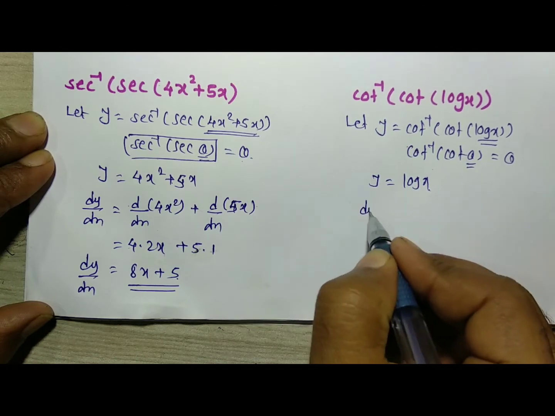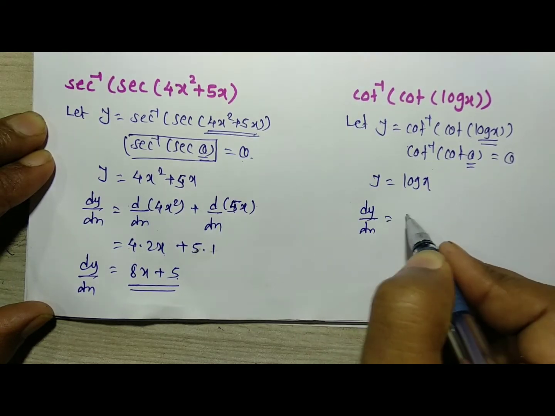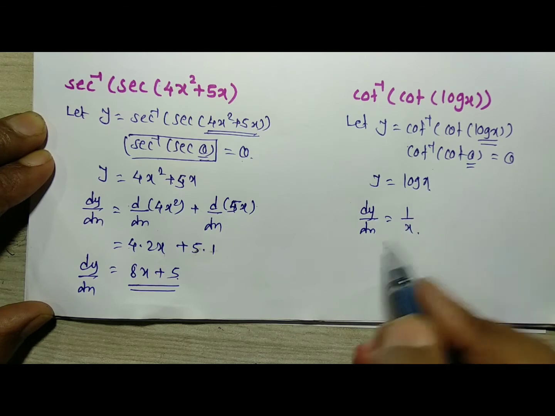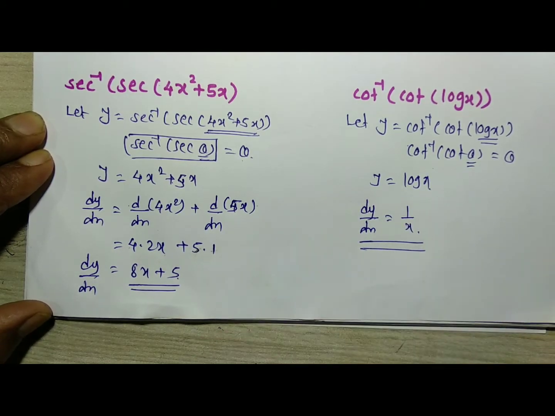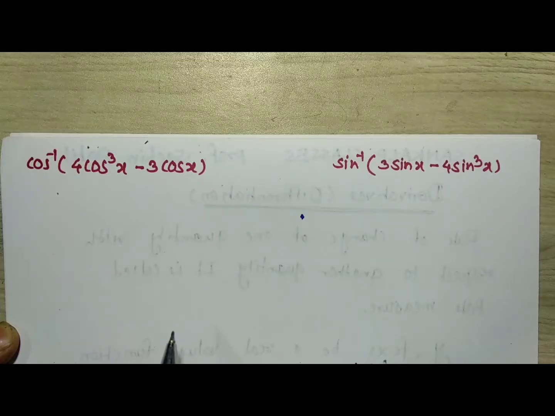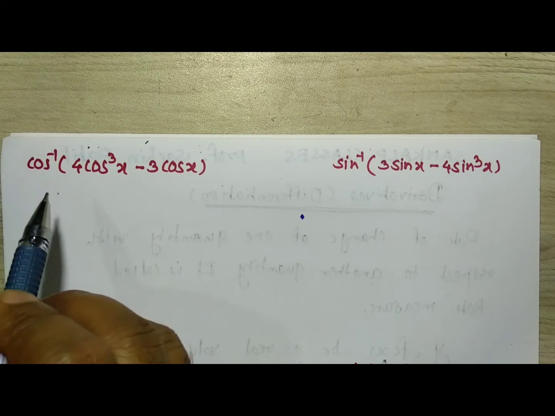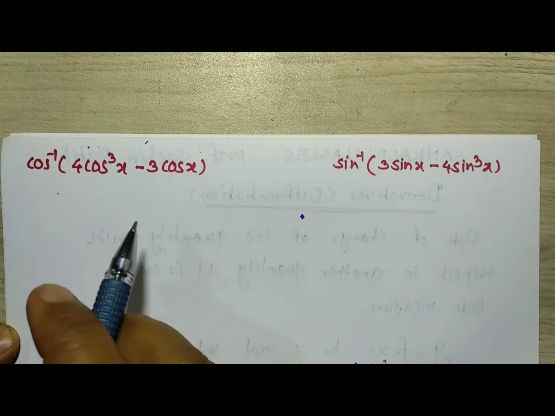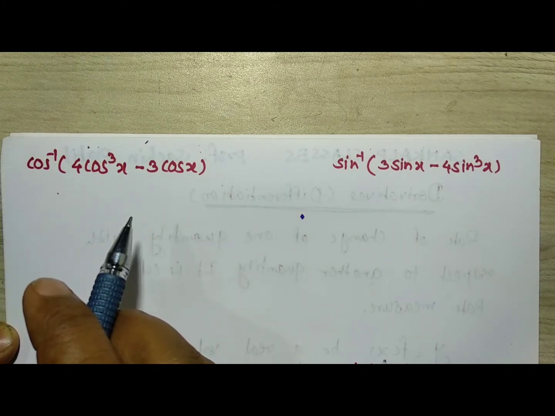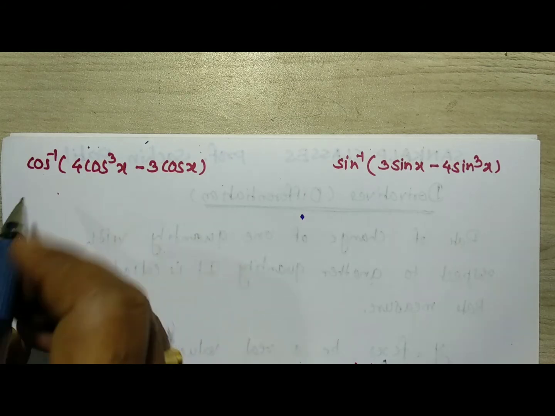Therefore dy by dx is equal to 1 divided by x, and this is the derivative of that inverse. Sometimes in some examples there will be a formula related to it, and you should first think about that formula and put it inside, and you will get the result.